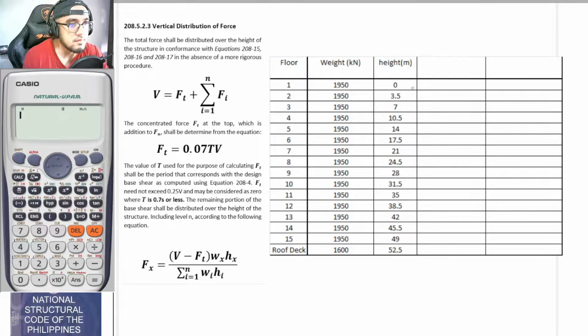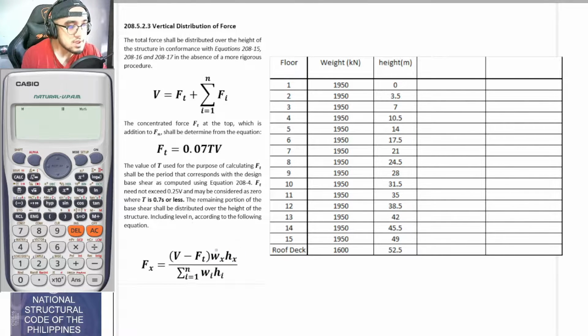Thus, it will be increasing by 3.5 up until you reach the roof deck, which is the total height of the building. Like what I said a while ago, the ratio here is dependent upon the product of the weight and the height.